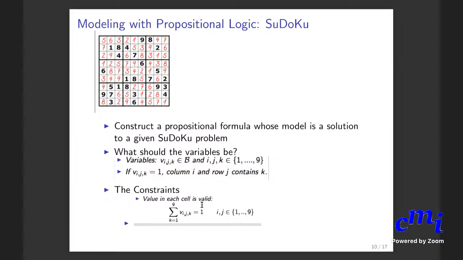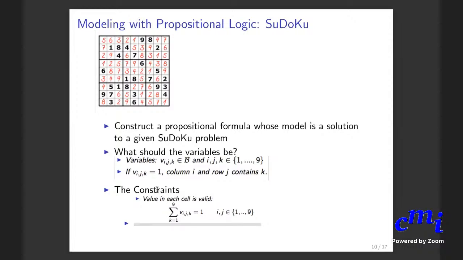So I'll only show you one constraint here, and then as an exercise, I want you to work on the other constraints and then try this out also as part of your first assignment. The value in each cell is valid, which means it has to be one of those 9 allowed digits.